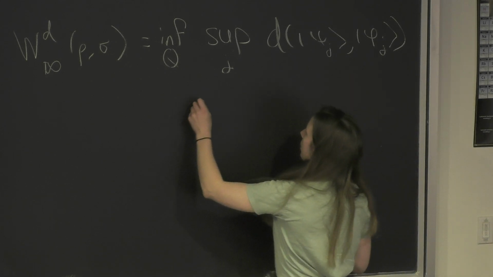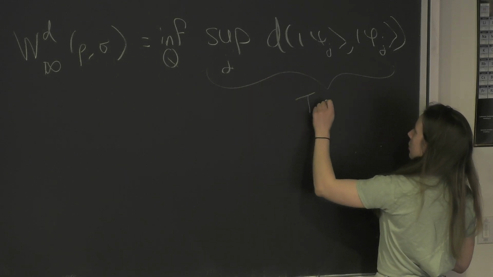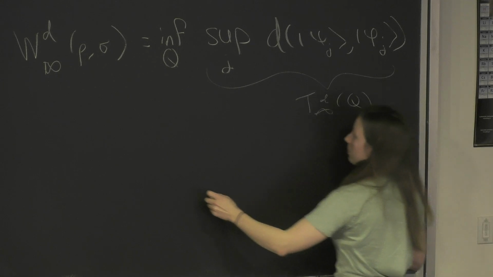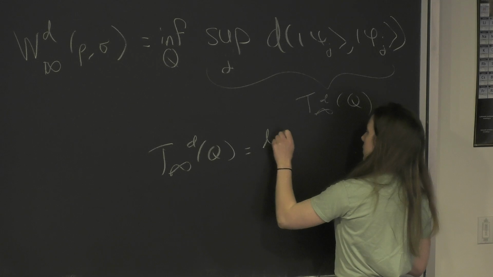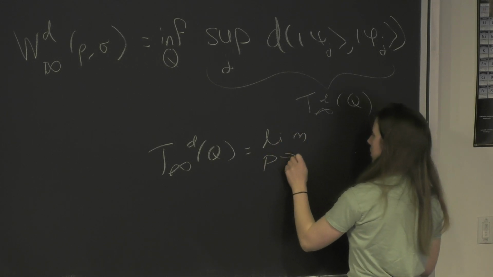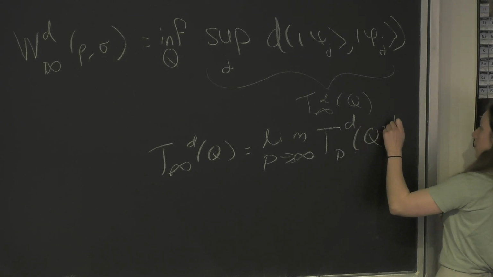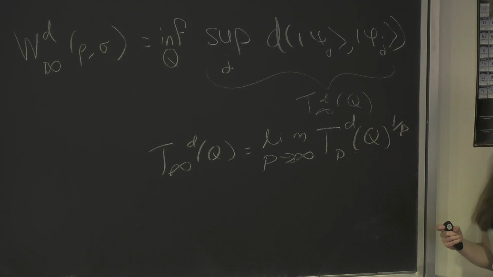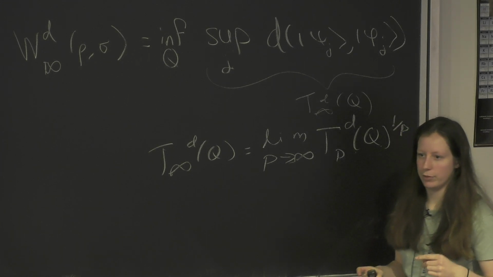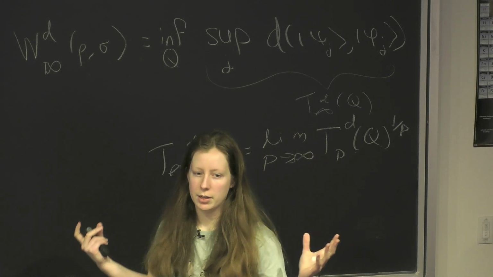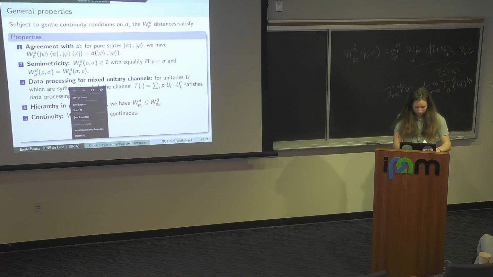If you imagine this transport cost, it is the limit as P goes to infinity of the P-th root of the transport cost. So it's literally just the supremum, the same as what you'd expect from any kind of hierarchy of norms.